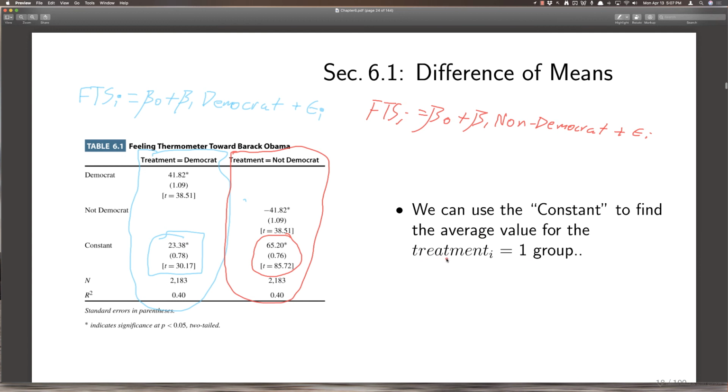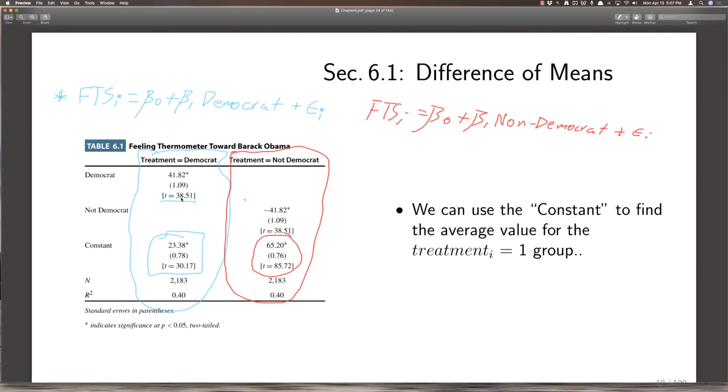So first of all, let's press pause for a second. Let's just interpret this like it was a regular old regression, all right? I'm doing this one first, all right? So first of all, is this statistically significant? Is the difference of the mean feeling thermometer score statistically significant?